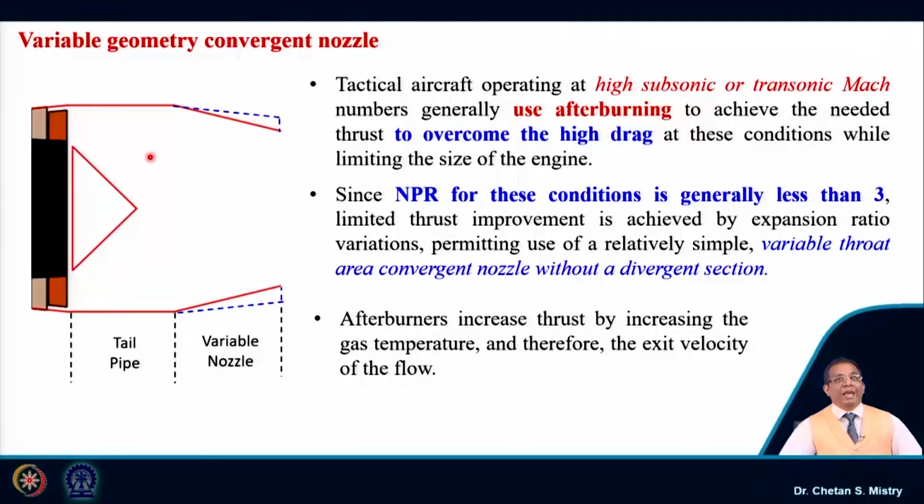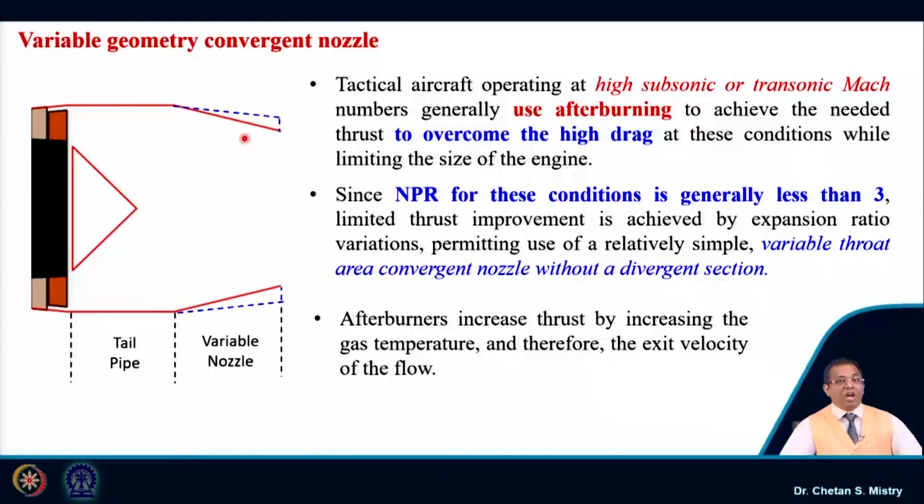The gas coming out from the turbine has a sufficient amount of oxygen, and if we inject fuel, it will burn, giving constant pressure combustion. By that means we increase our entry temperature to the nozzle, and we are able to increase the velocity with which the flow comes out from the nozzle.